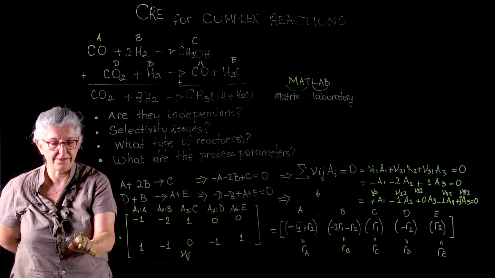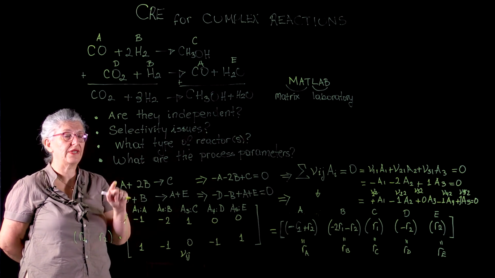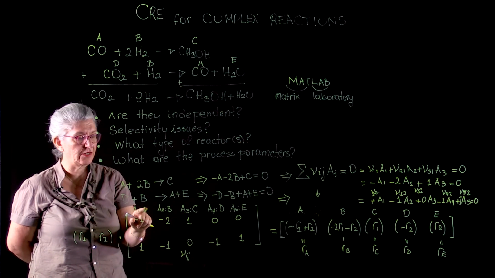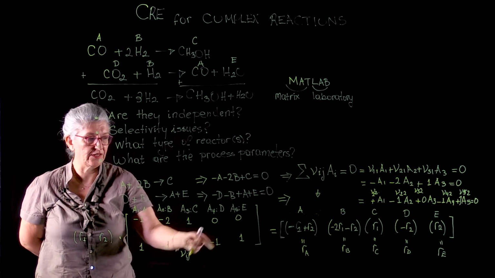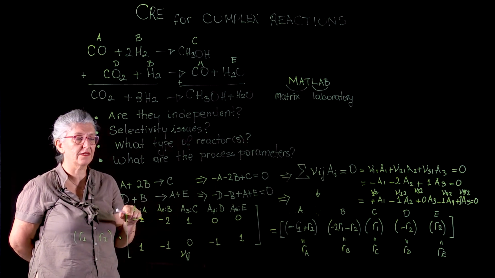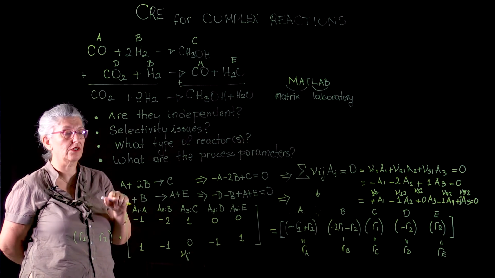We can have the independent rates of those reactions, and the matrix multiplication in this fashion gives us the rates of reactions with respect to that particular component.